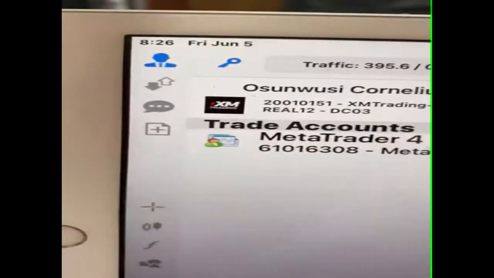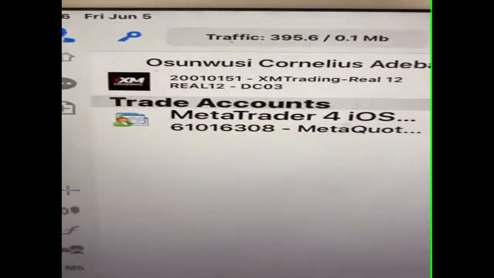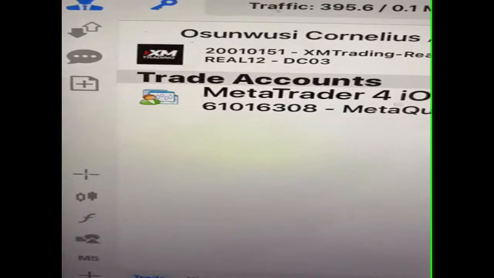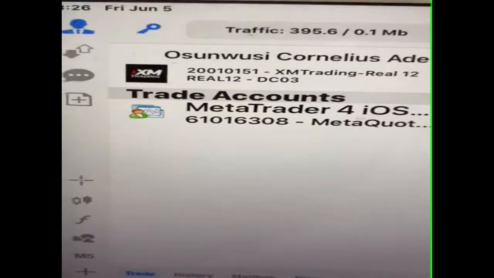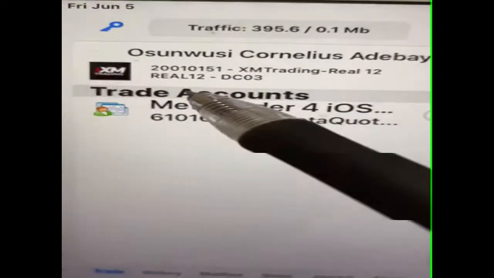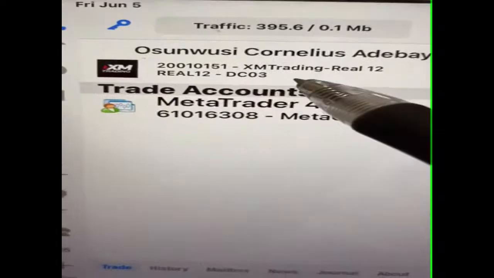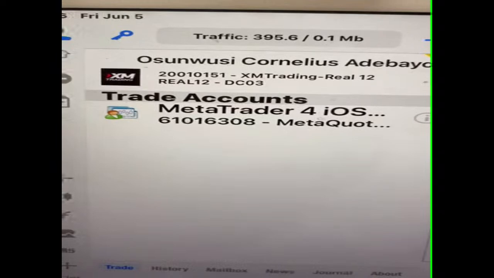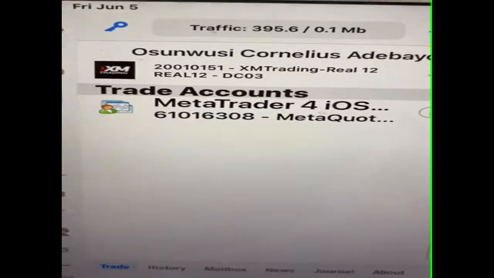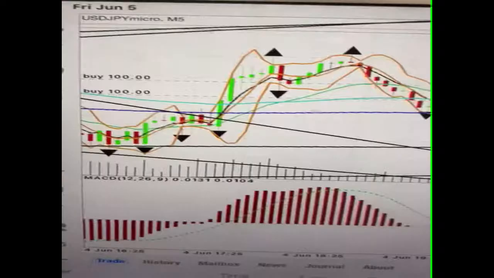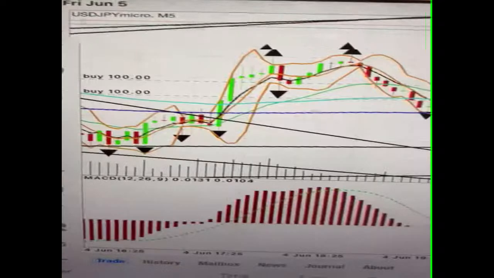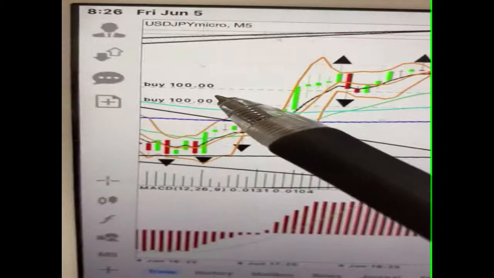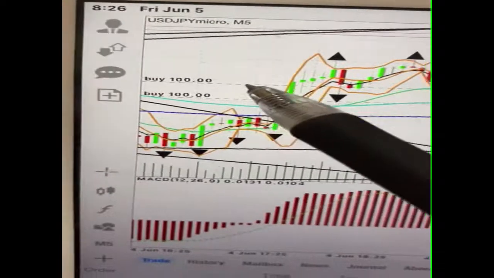This is the reason why I show my result. At least you all can see it is a live account. There's nothing hiding here. So what I'm saying here is, you see the lot size, I'm not even a trader that is scared of what I'm doing.